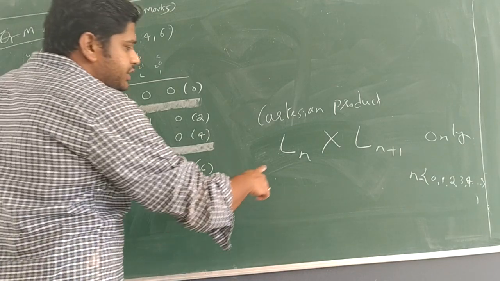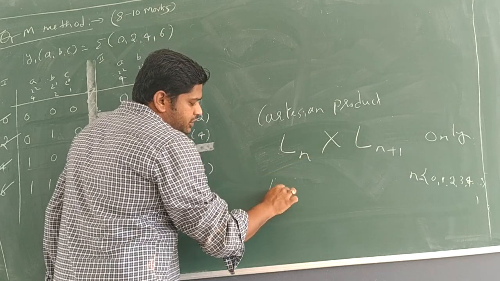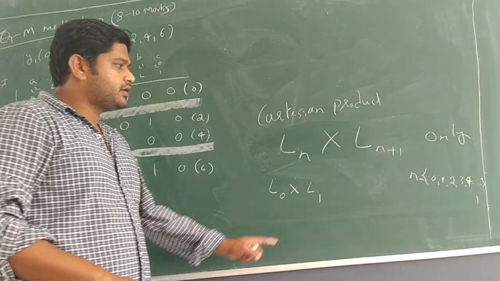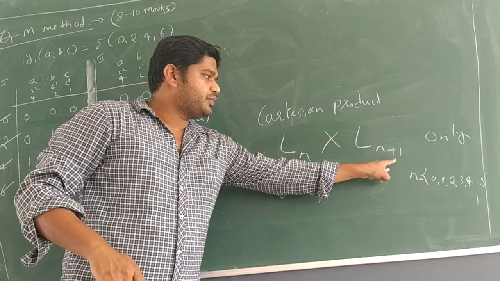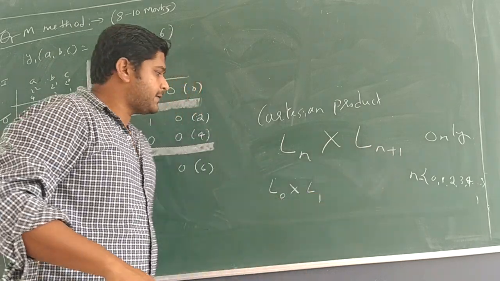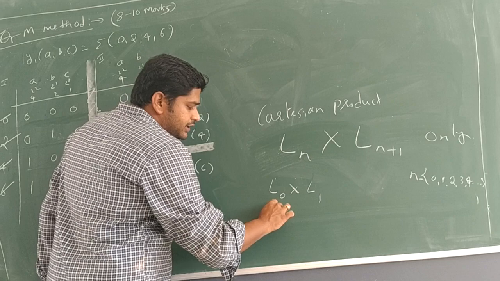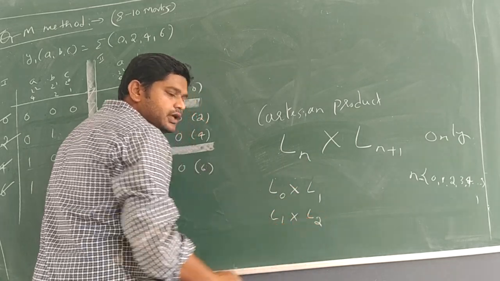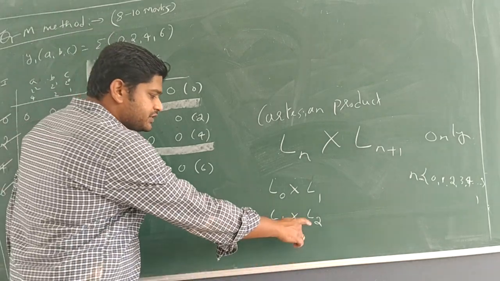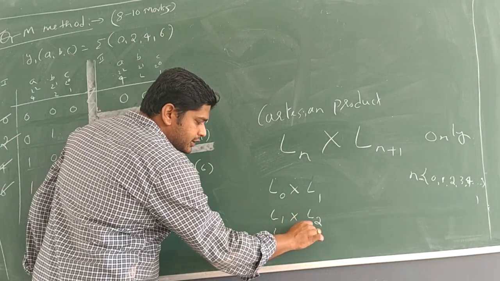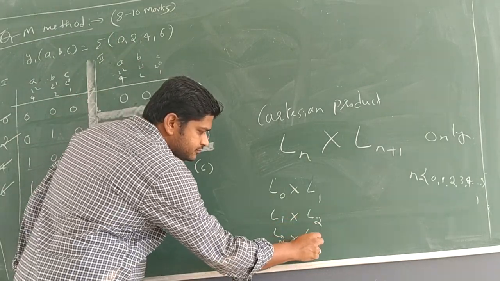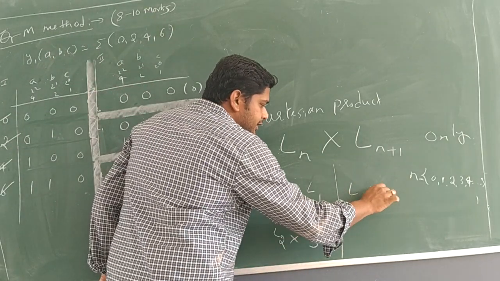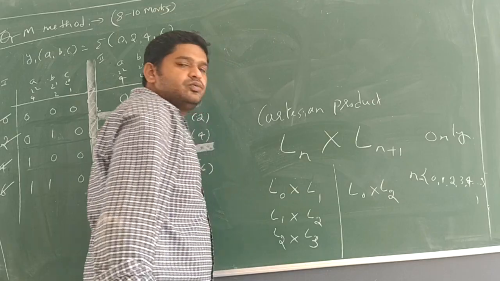Now substitute the smallest value here: L0 with L1, because it is 0 plus 1, that is L1. If I substitute 1, I will get L1 with L2. If I substitute 2, L2 with L3. There won't be L0 with L2.